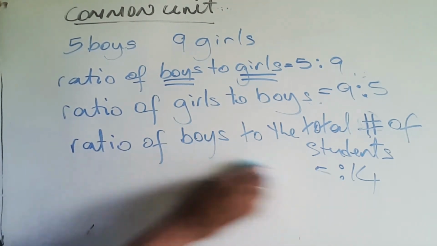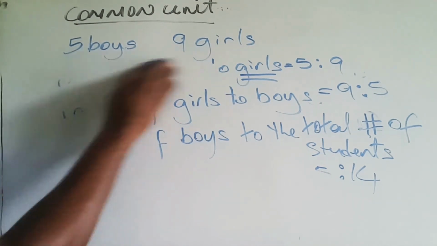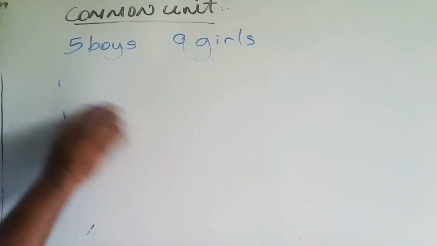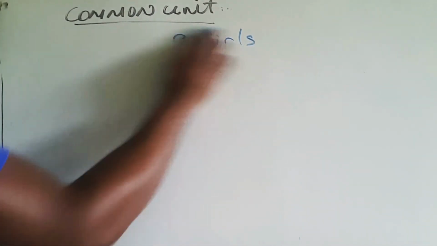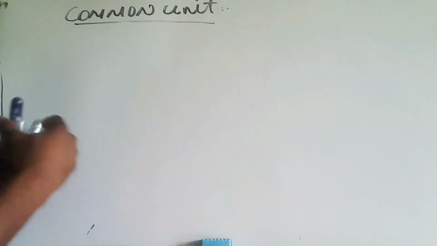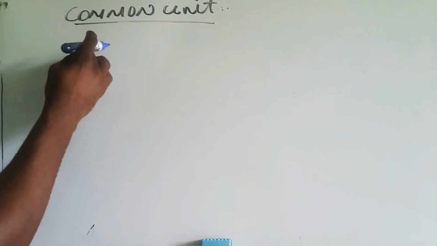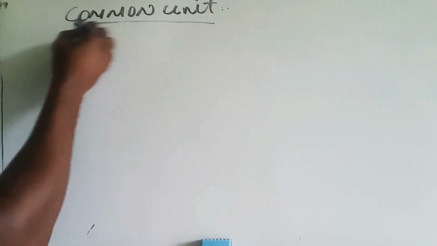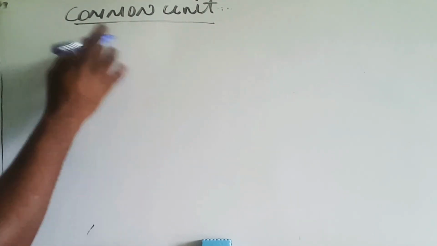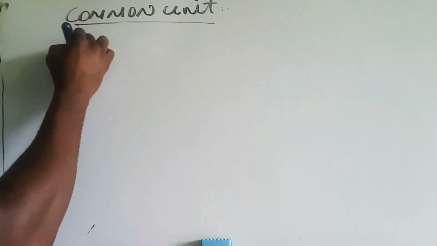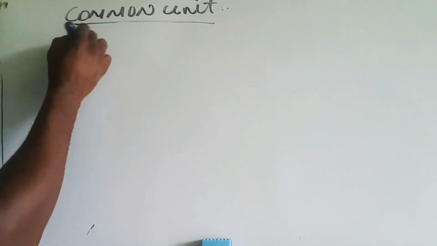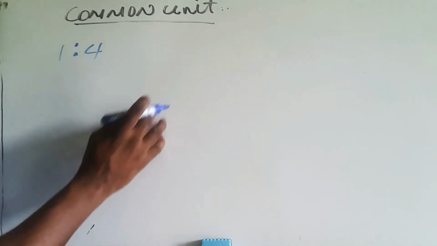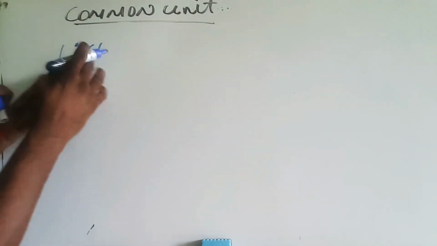Now let's look at another thing. What if we want to look at when ratios are equal? For example, let us say I'm representing my ratios as 1 to 4. When ratios are equal, then comes a word that we call proportional parts, or proportion.